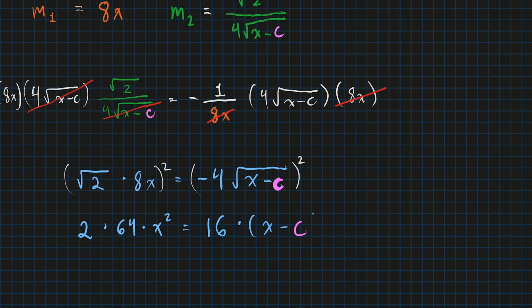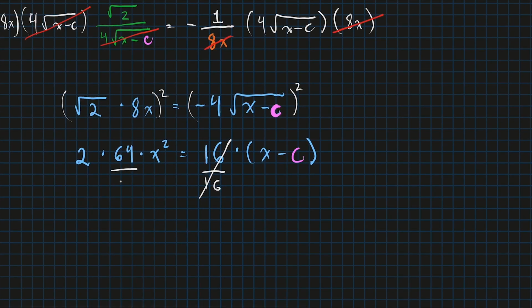Now, we have some very nice numbers to work with here. We can divide both sides by 16. So if we divide this side by 16, we get 16 over 16, which is 1. And if we divide our left side by 16, 64 divided by 16 is 4. So on our left side, we get 2 times 4 times x squared, and on our right side, we just get x minus c.